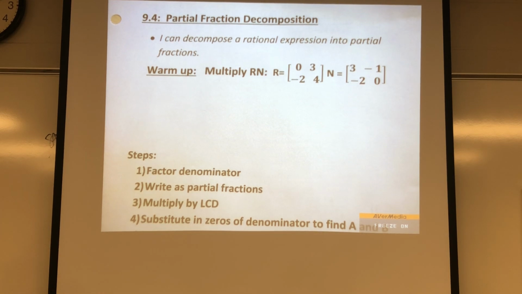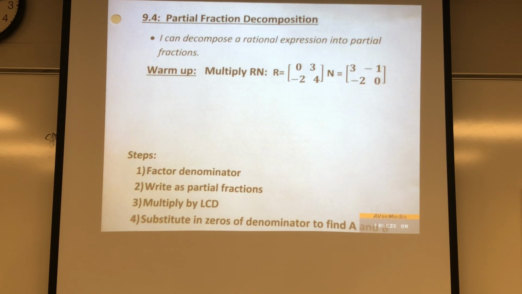We're going to take row by column. So 0, 3 times 3, negative 2. 0 times 3 plus 3 times negative 2. Whoops. Don't need that bracket there yet. We still have another column to multiply by. So 0 times 3, or 0, 3 times negative 1, 0. 0, negative 1, plus 3 times 0.